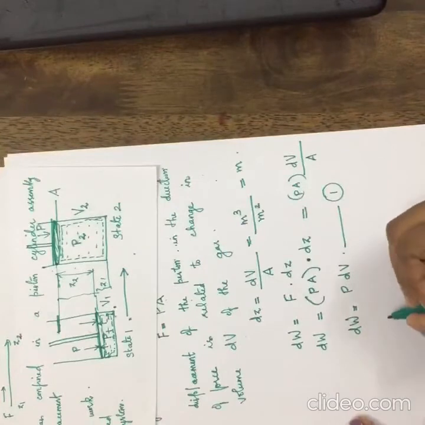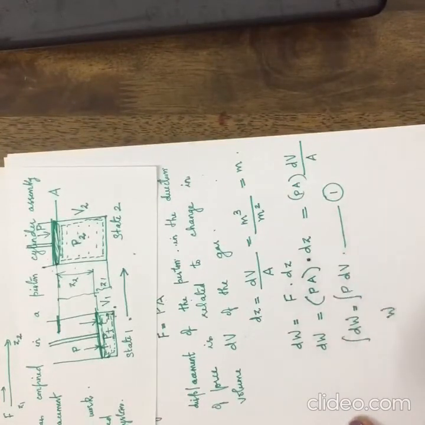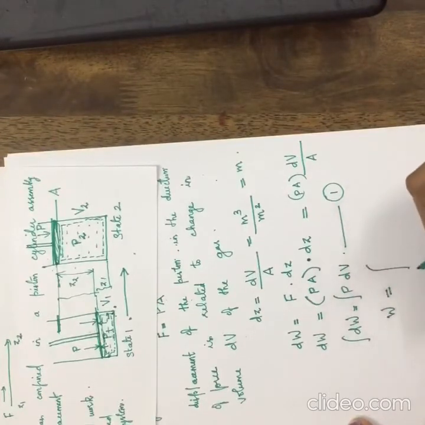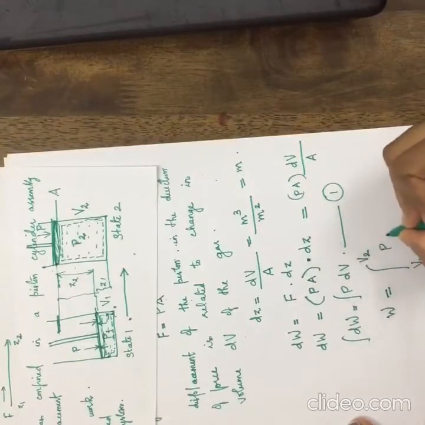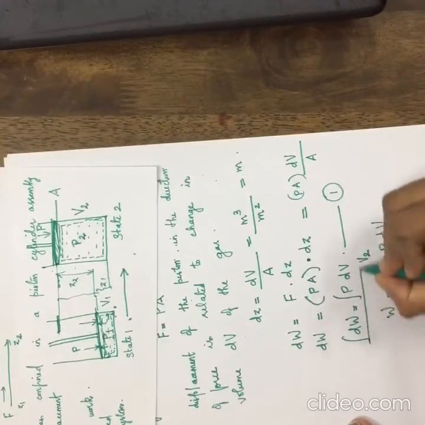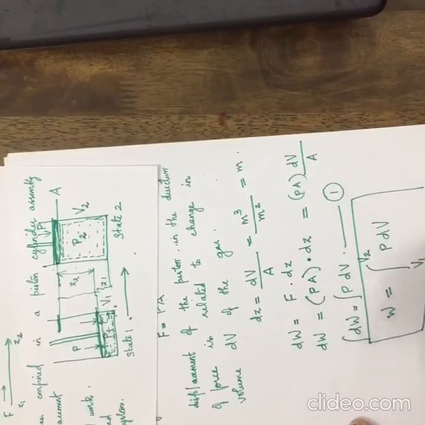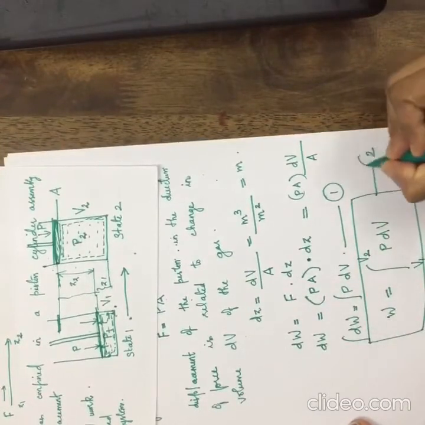So work done W, we can readily integrate the expression 1. Work done is equal to the integral between the limits V1 to V2 of PdV. Equation 2.